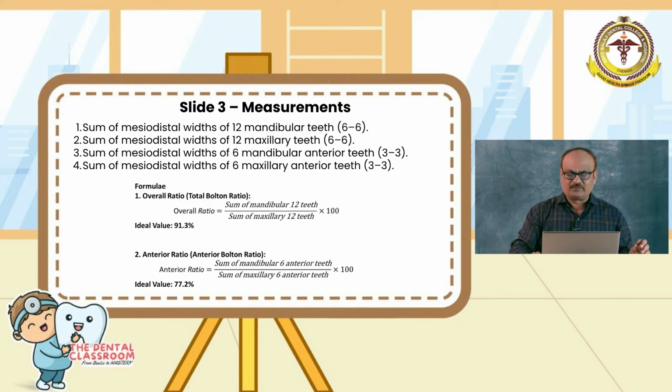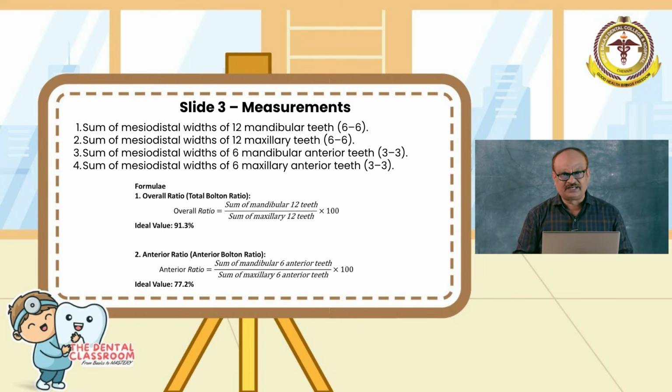So after measuring this, you have to calculate a ratio. He has given a ratio for anterior and posterior, simple. That is sum of mandibular 12 by sum of maxillary 12 into 100 gives you the overall tooth ratio. According to him, it is 91.3%. There may be slight variation because research indicates that it may extend from 90% to 92.5% depending upon the population where we are measuring.